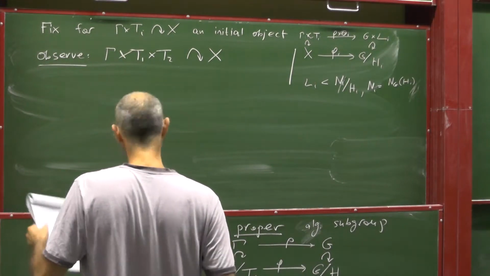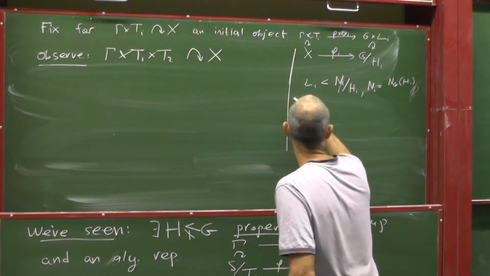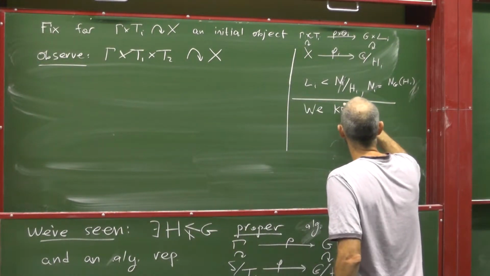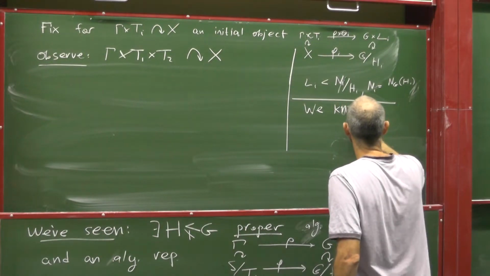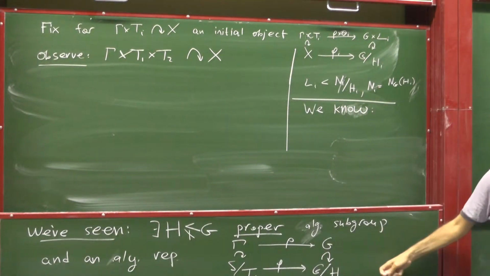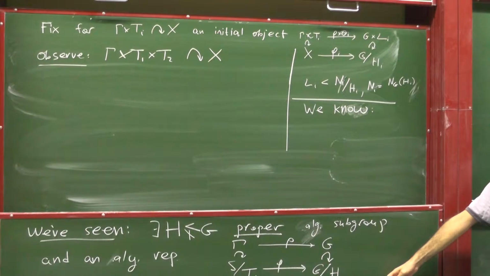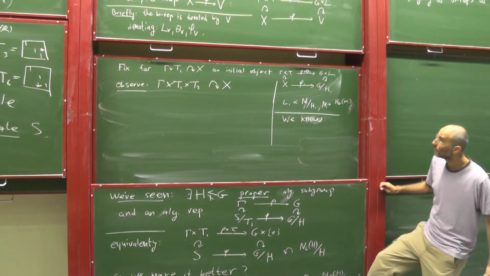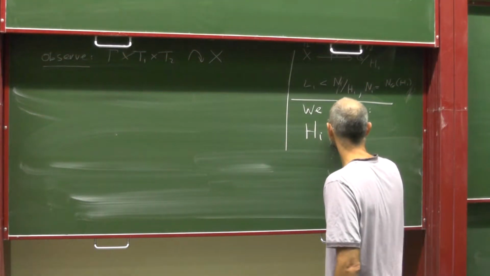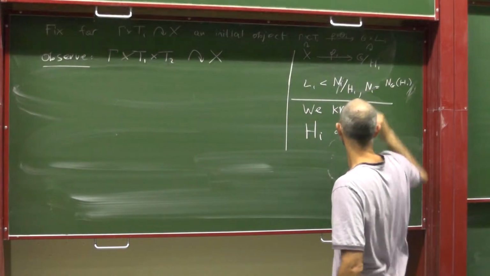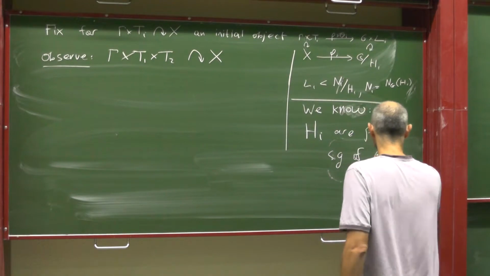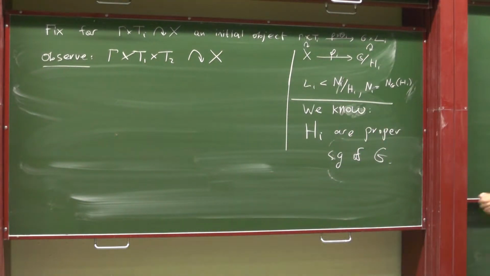Oh, maybe I should have added one more line here. We know this is the content of that. This is why I kept this unclean. We know that the Hi's are proper subgroups of G. This is very important.